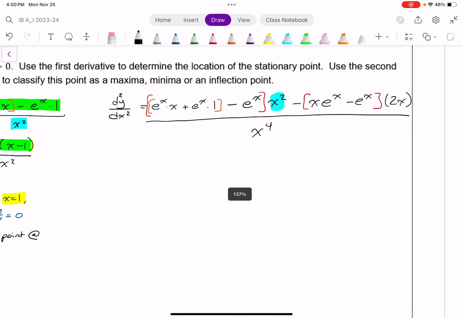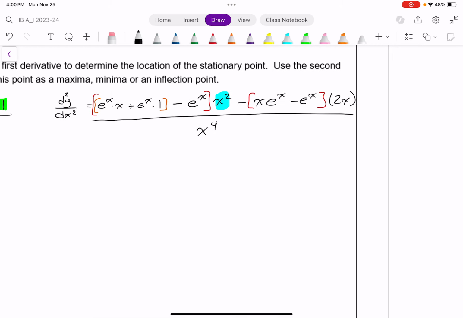All right, definitely want to clean this up, which is not nearly as bad. If we look right here, notice I have e to the power of x times x plus e to the power of x, but then minus e to the power of x. So these two are going to cancel each other out. So really, up here, I have x times e to the power of x times x squared. Well, I might as well just realize that's going to be x cubed times e to the power of x. So instead of giving myself extra writing, let me go right to x to the power of 3 times e to the power of x.